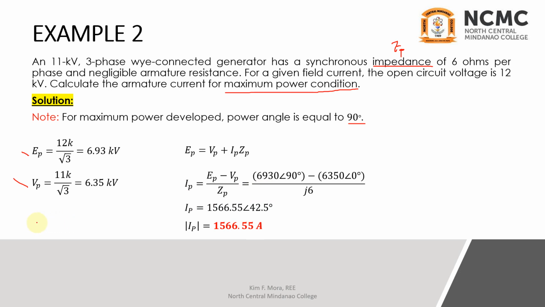In example number 1, we still solved for our angle. But this time, since we are looking for the maximum power, the angle is already given as 90 degrees. So EP is 12 kilovolts, the open circuit voltage.